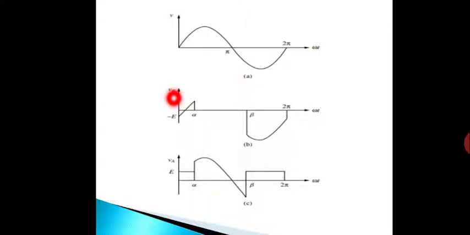Vt is the voltage across the thyristor, that is, the thyristor is turned on at alpha, and at beta it is turned off. Once it is turned off, we can see these remaining waveforms. So it is turned off, then it is conducted here, and this portion is of the next cycle.